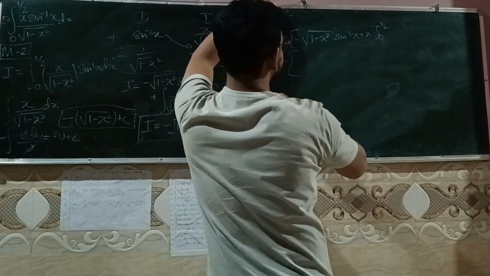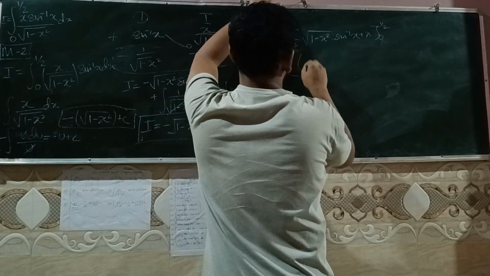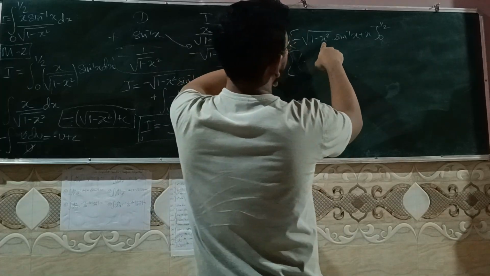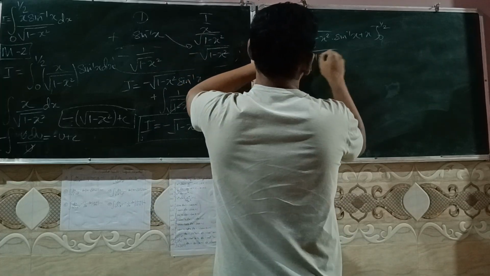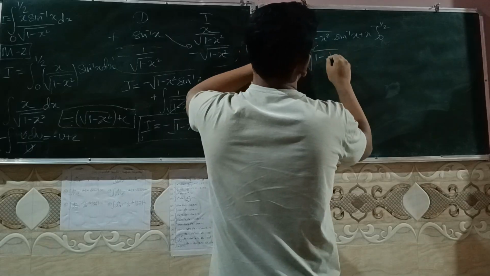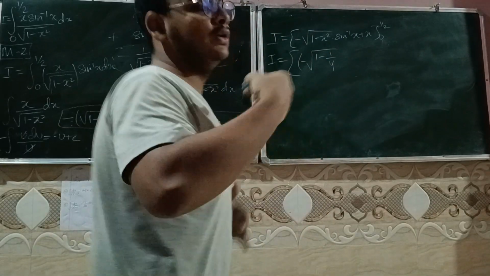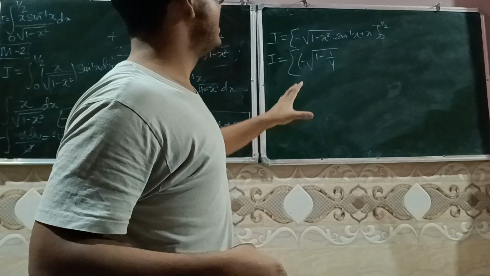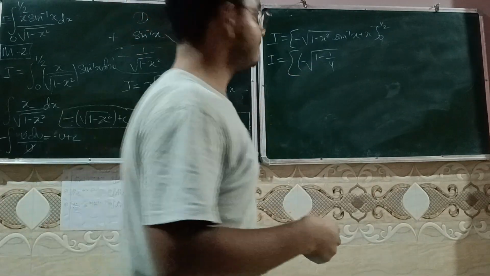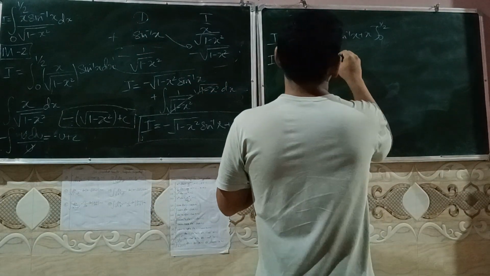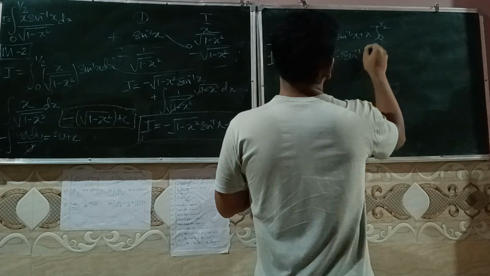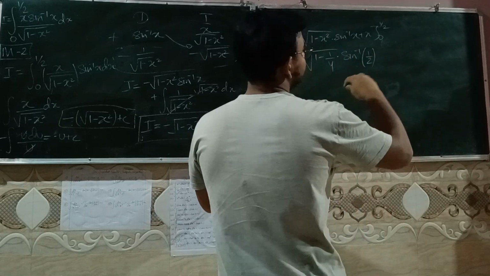So we have negative, plug 1 over 2 here, the square root of 1 minus 1 over 4. Squaring 1 over 2 is 1 over 4, and that's a child's play, times sine inverse of 1 over 2, right?